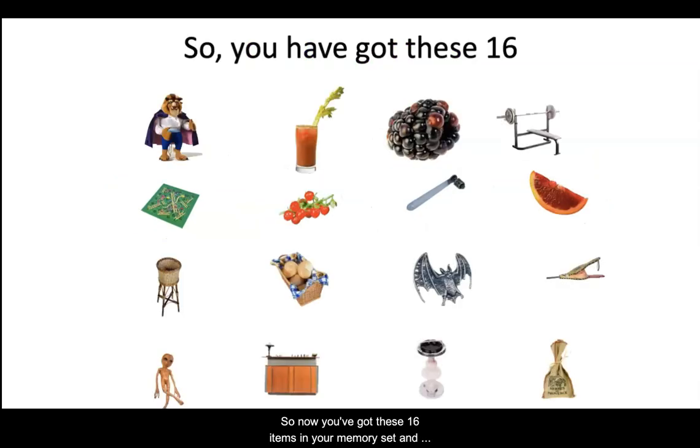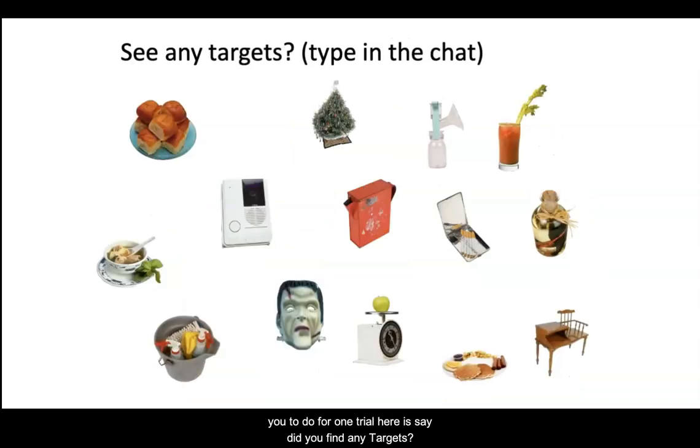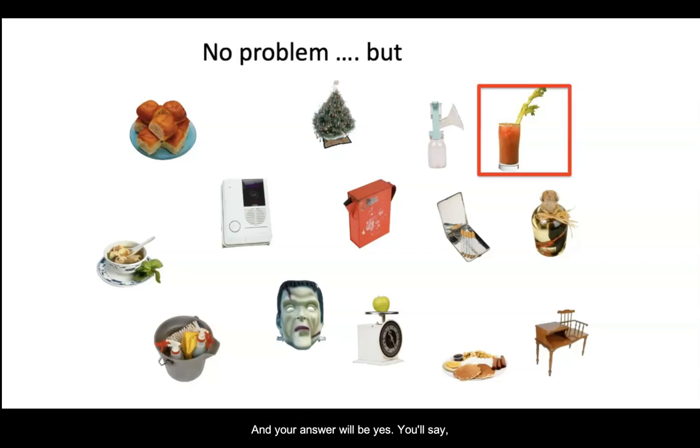So now you've got these 16 items in your memory set, and what you would do in the experiment, and what I'll get you to do for one trial here, is say, did you find any targets? And your answer will be yes. You'll say, yep, I found that. That wasn't difficult.